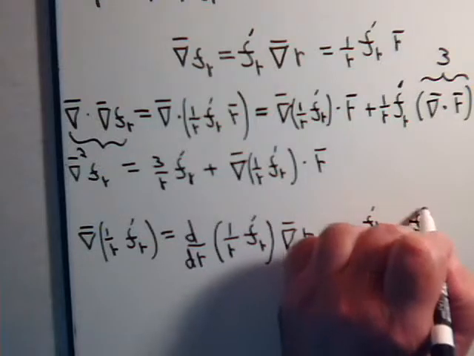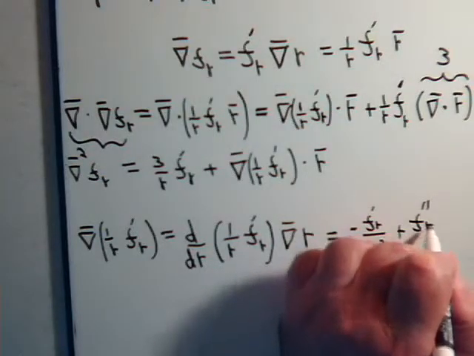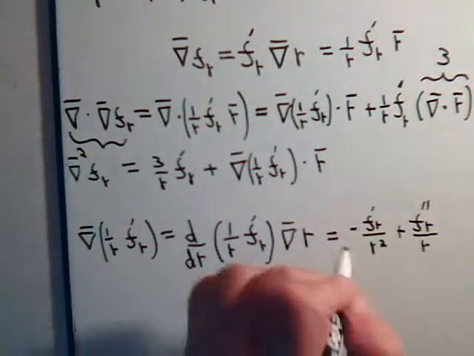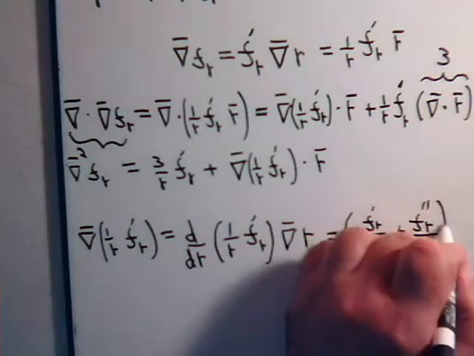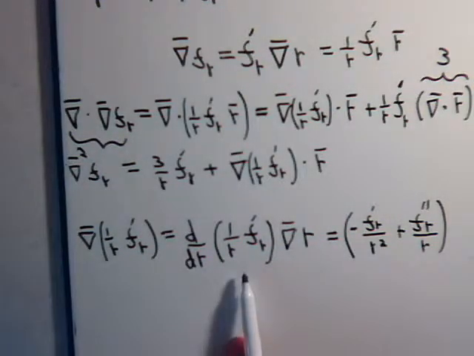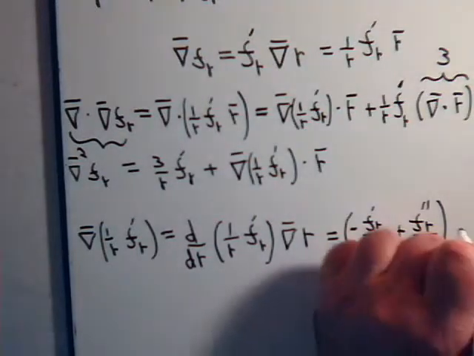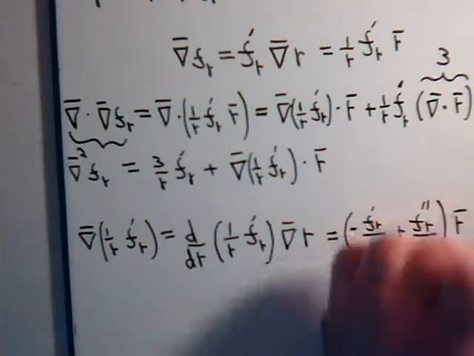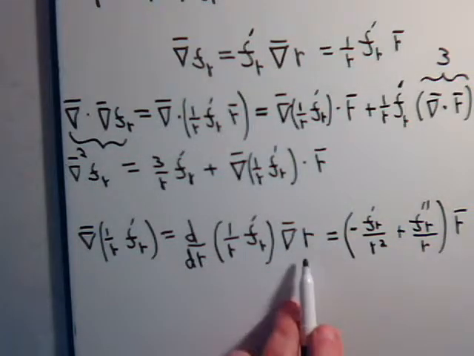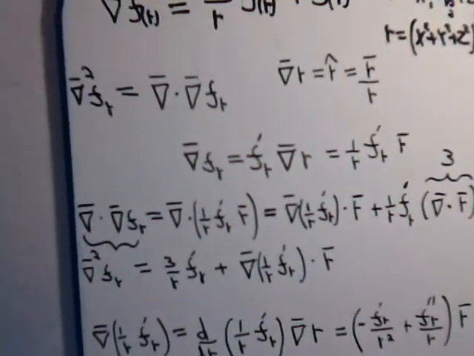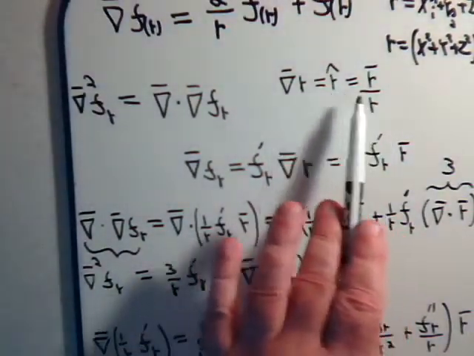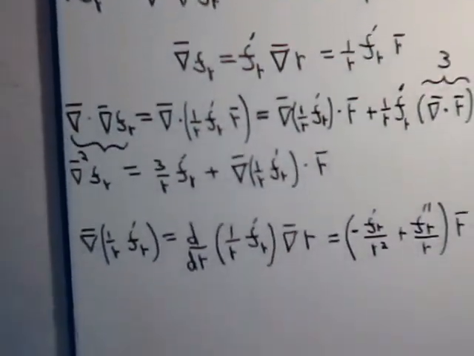So we'll have f double prime, so that's this quantity here times the gradient of r. We know what that is. That's the unit vector. So times the position vector. That is the unit position vector. We discussed that up here. We've shown this many times in the previous videos.